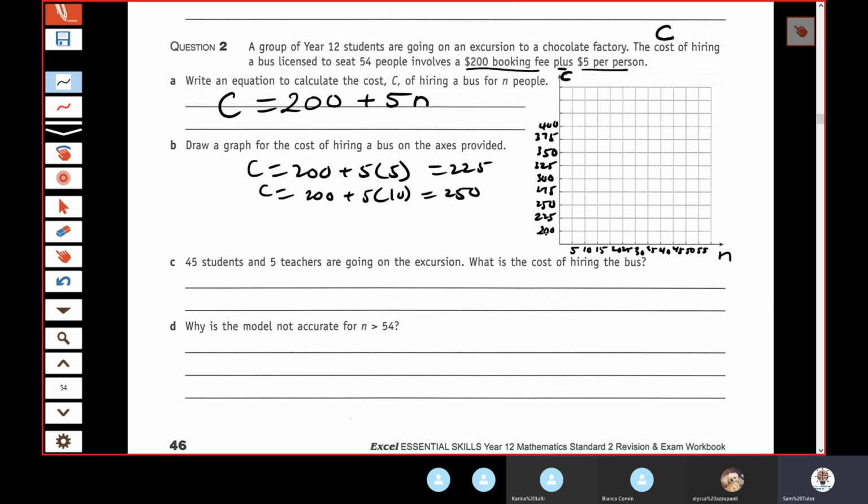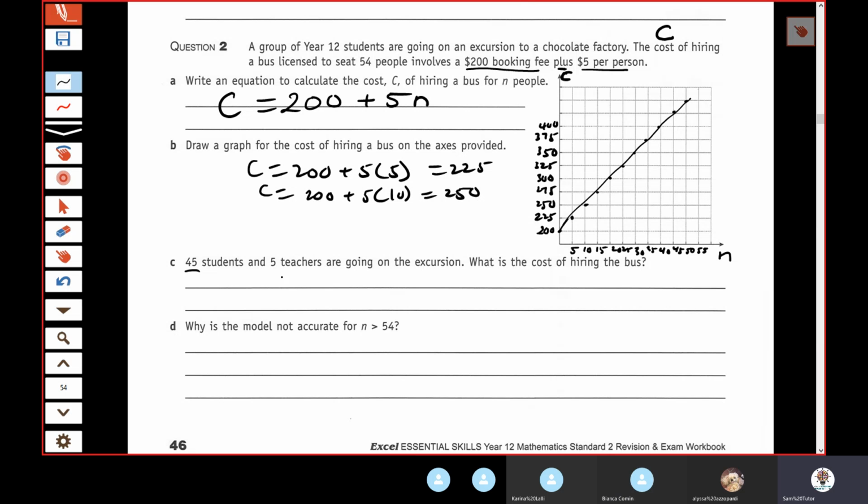All right, so at 200, that's just when n is 0. At 5, it's 225. At 10, it's 250. At 15, and then I think we know the answer after that. It's a straight line, so that's what needs to happen, right? Okay, any questions? No.